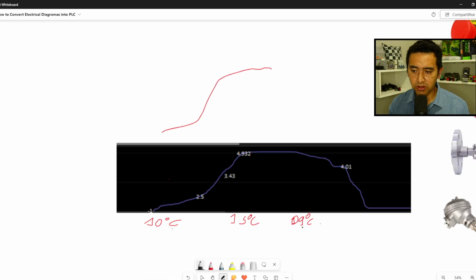It's not only true or false, it's not only 1 or 0. In the trend here, it can be -1, then 2.5, 3.43, 4.93, then it comes down to 4.01. Anyway, it's a lot of possibilities.